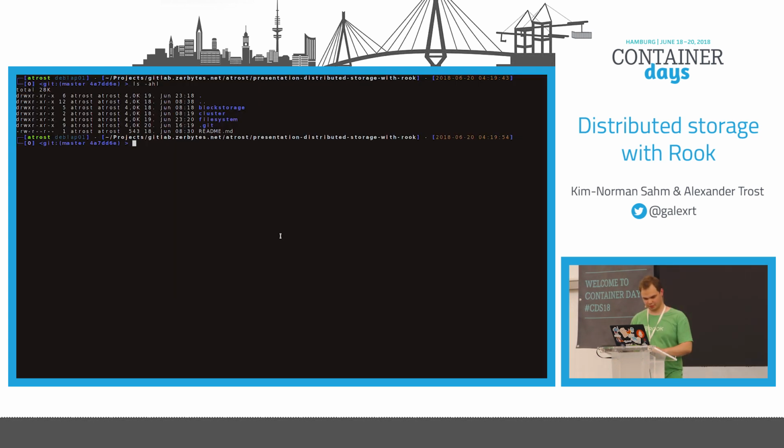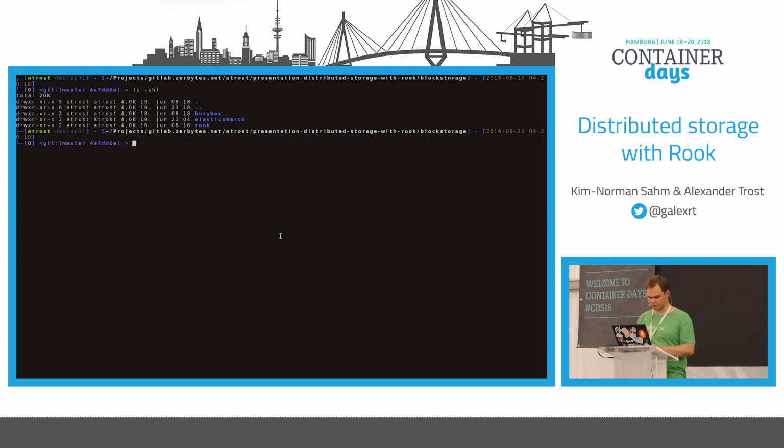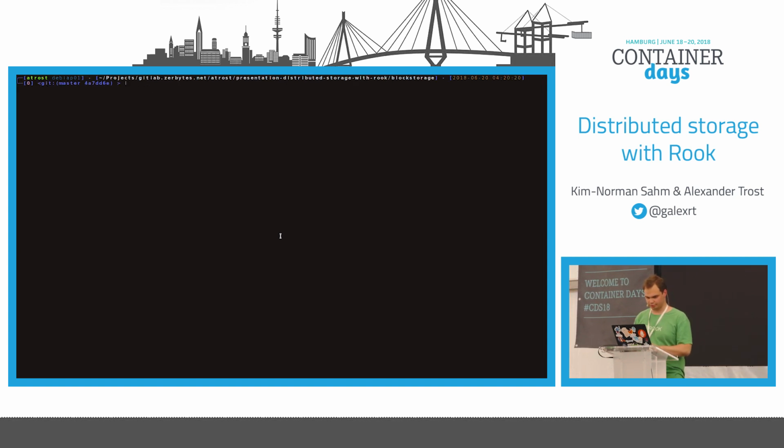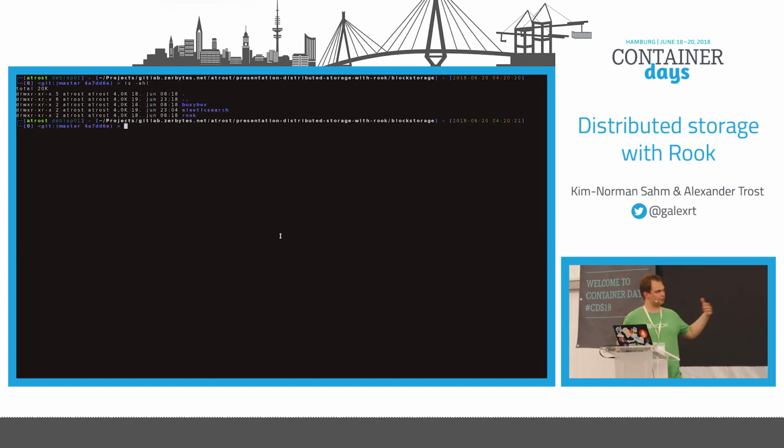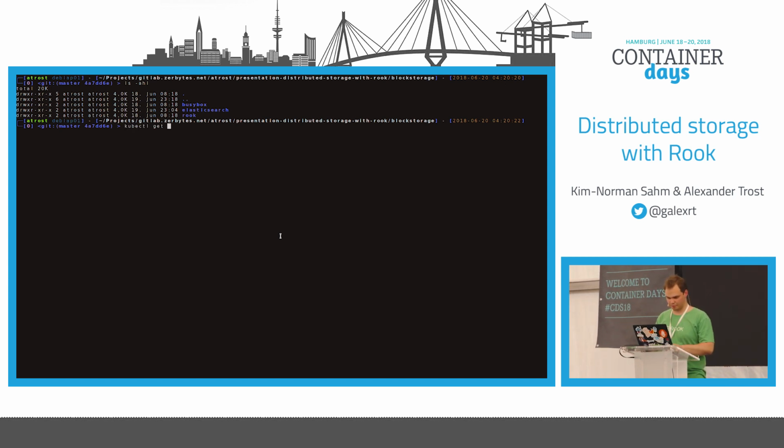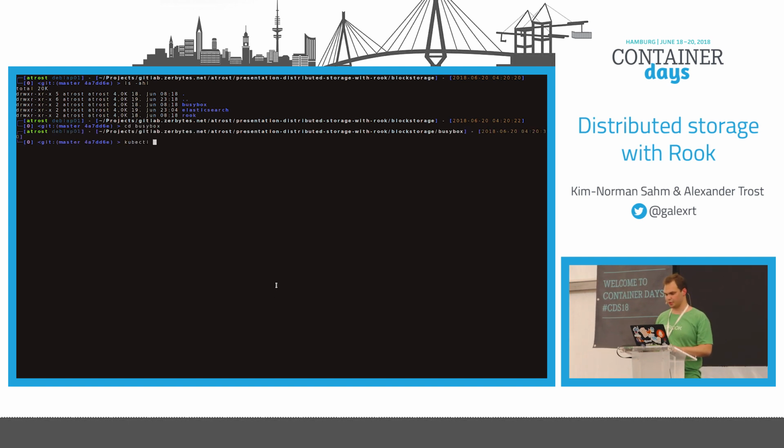So for the beginning, we have block storage to show off again, as what we just showcased by showing the YAMLs. We have a very basic example, simply a deployment of BusyBox and a persistent volume claim.